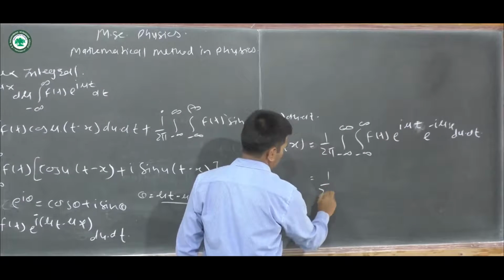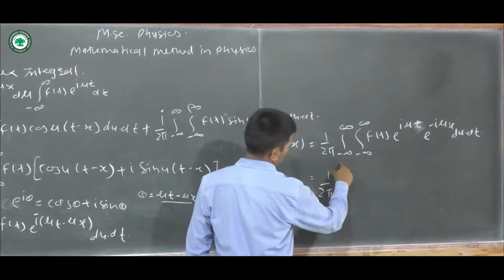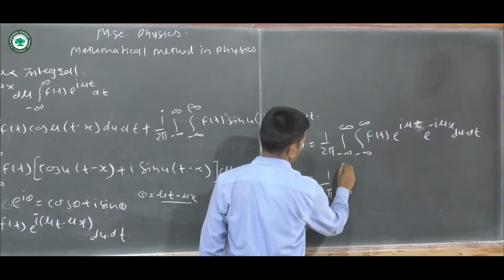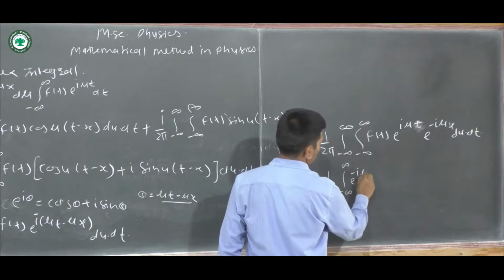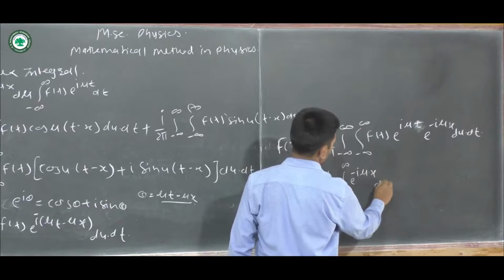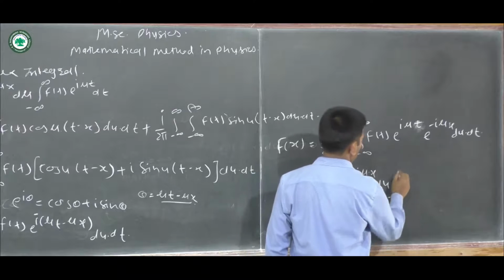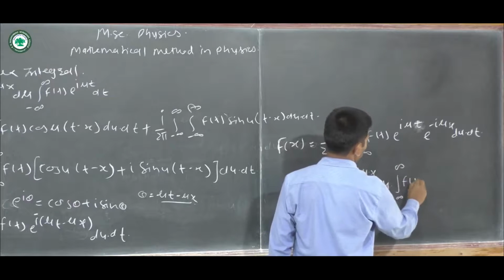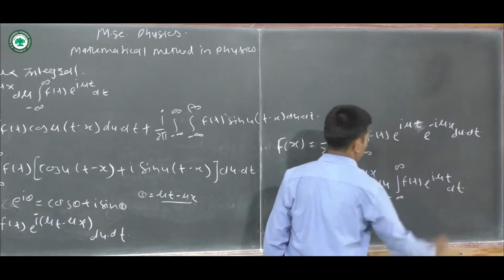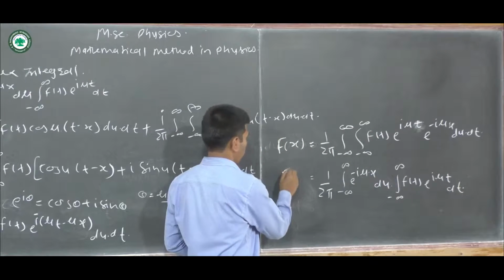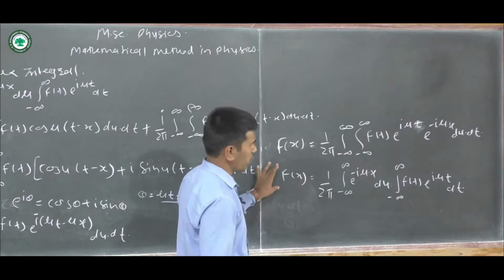And it is written as 1/(2π) ∫ from −∞ to +∞ e^(−iux) du, and again ∫ from −∞ to +∞ f(t) e^(iut) dt. So this is the complex form of the Fourier transform.